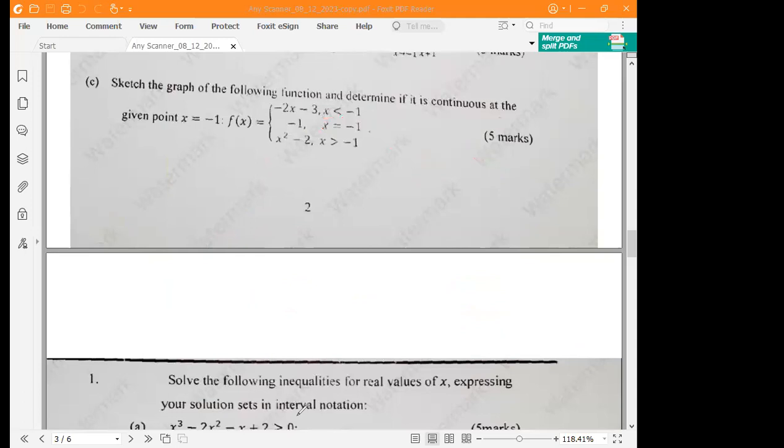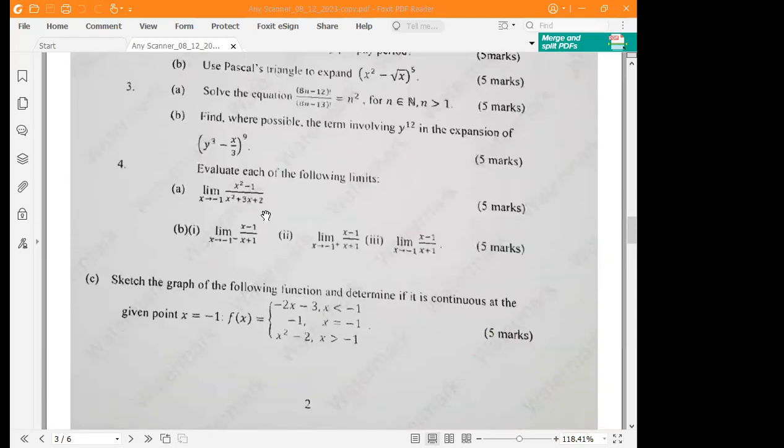Then we can go and check. So if you check question 4, part 1, nothing is challenging here. Find the limit as x goes to -1.